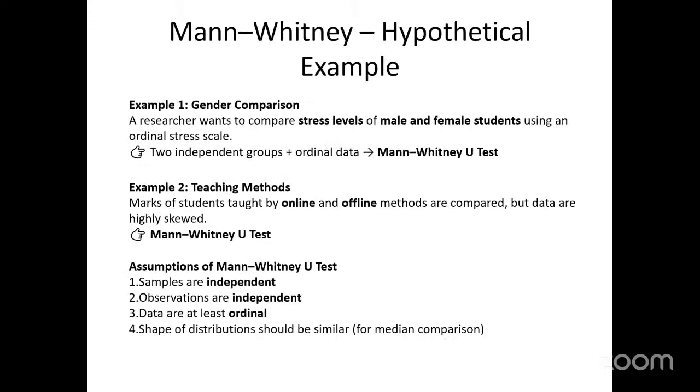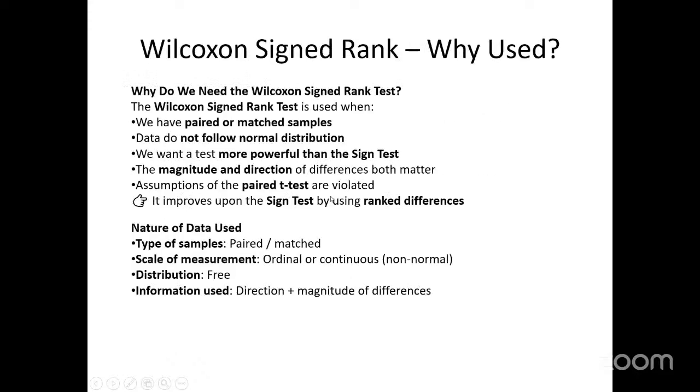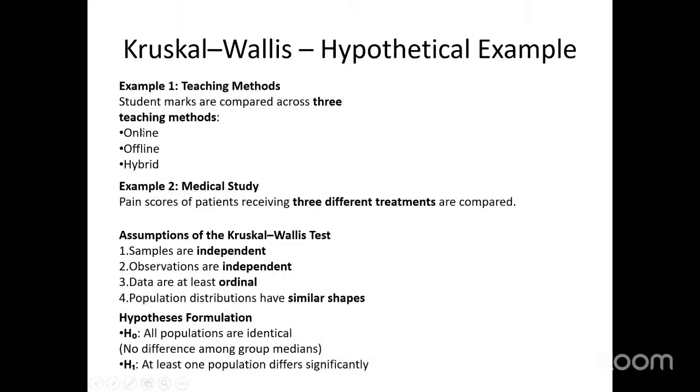Two independent groups. But for Kruskal-Wallis, we have three groups: the online study method, the offline study method, and the hybrid study method. And all three are independent of each other, with no relation between these groups. Is this clear now?